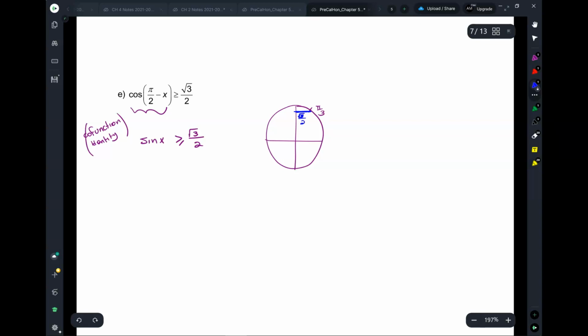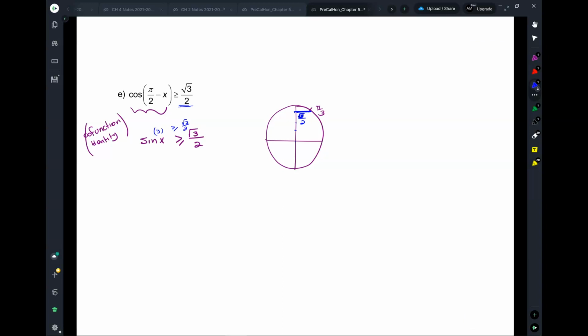Okay? So root 3 over 2 is like 0.8, right? So if this is y equals 0, y equals 0.5, 0.7, 0.8, that's root 3 over 2. So that's right there, y is equal to root 3 over 2. I want all the values for which y, so sine of x, is greater than or equal to root 3 over 2.